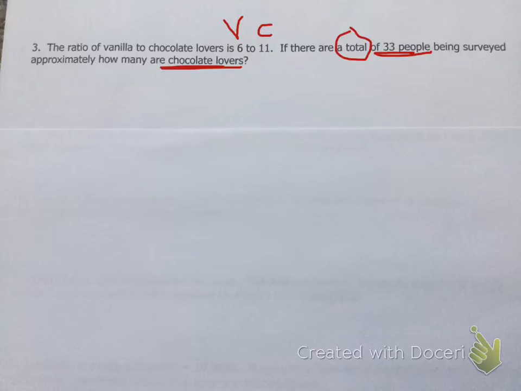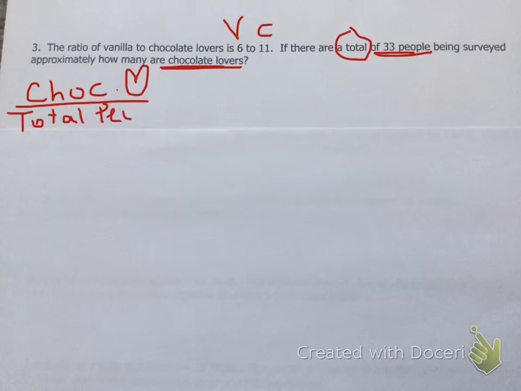What we're actually looking for is the chocolate lovers. I'm going to put a little heart there for lovers, over total people. That's the total people that were surveyed. That's our ratio that we're using, equals chocolate lovers over total people.